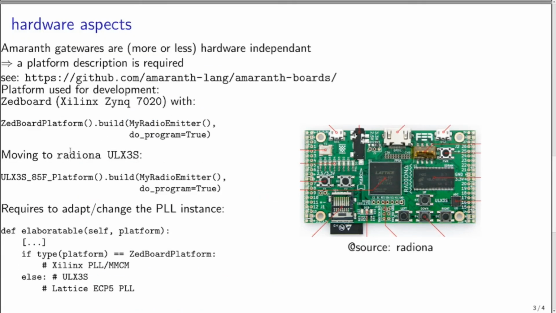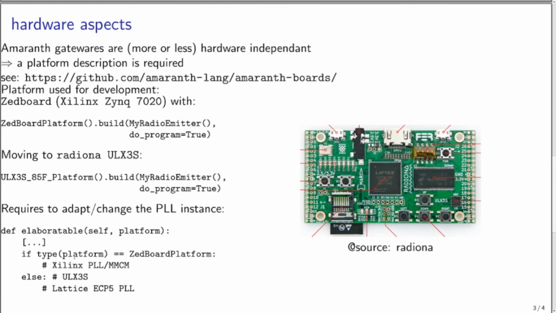So here you have our platform, but since we need to have a high frequency clock to produce the required FM frequency, we have to adapt our gate array a bit to use the correct PLL for the Lattice ECP5 or the PLL for Xilinx Zynq. Our elaborate method provides a platform parameter.